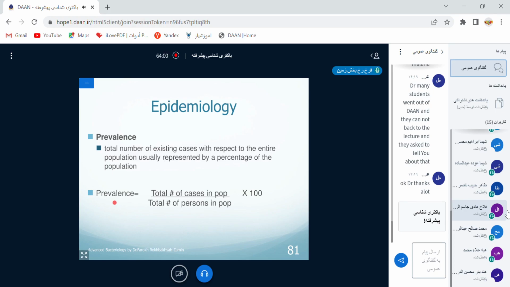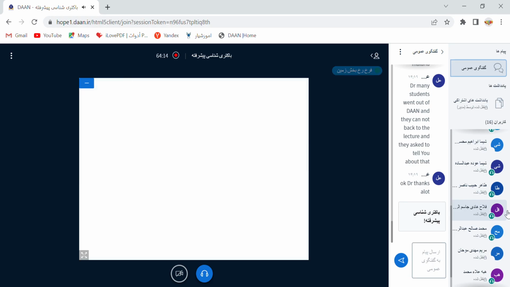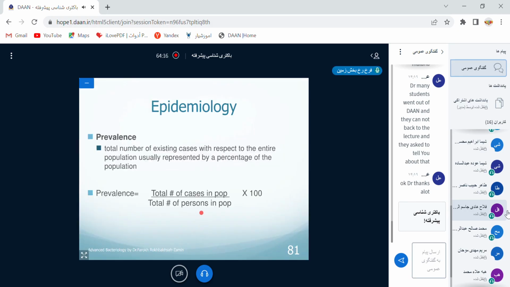So here, when we want the prevalence, we want to know the prevalence of infection: the total number of cases in a population. Cases of what? Infected people, out of the total number of persons in the population. We can understand it, for example, as the prevalence in one village, one city, one area, or in a country or many countries or the whole world.